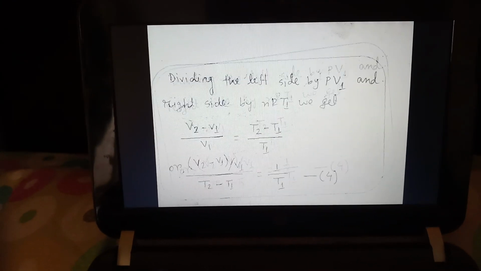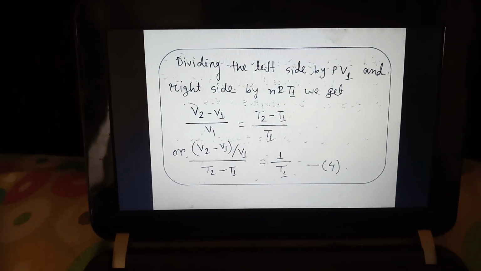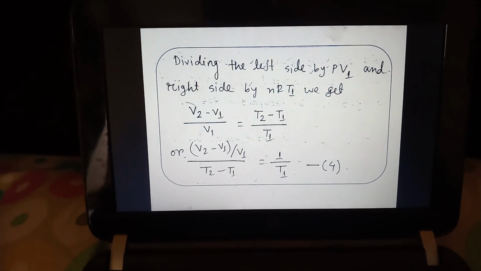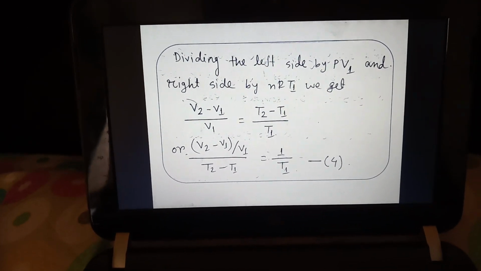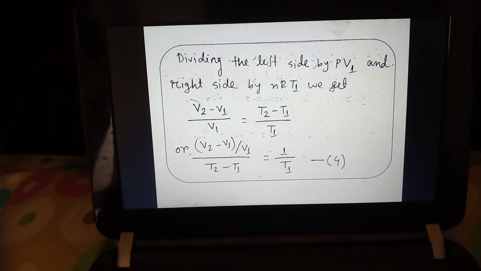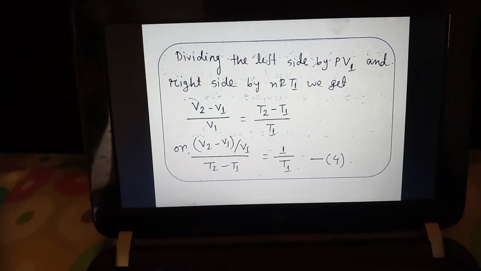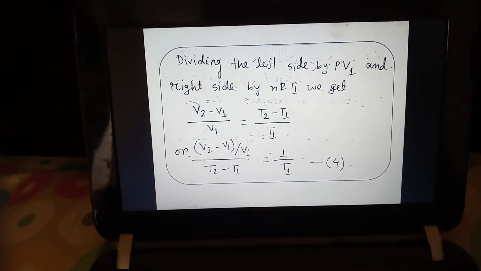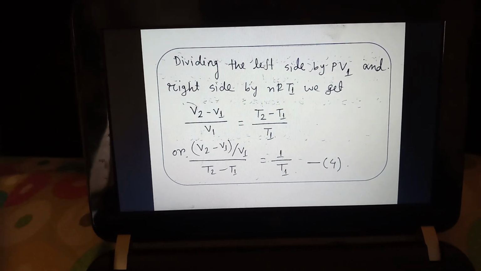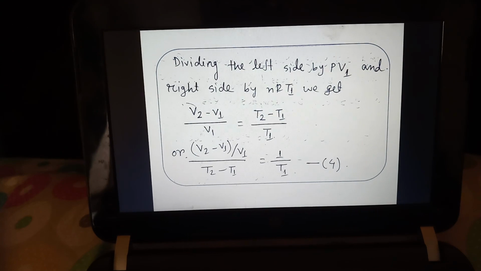Now, dividing the left side by PV1 and the right side by nRT1, we get (V2 minus V1) divided by V1 equal to (T2 minus T1) divided by T1.